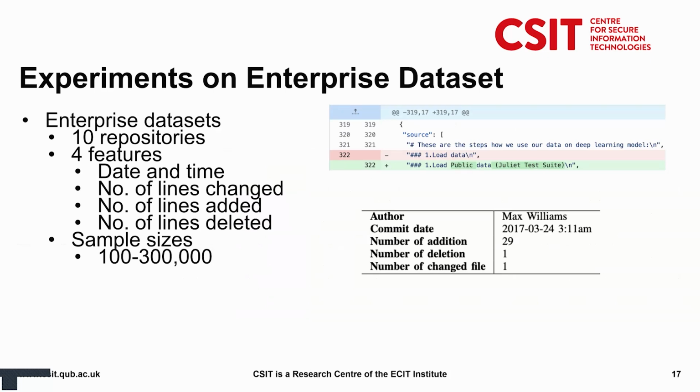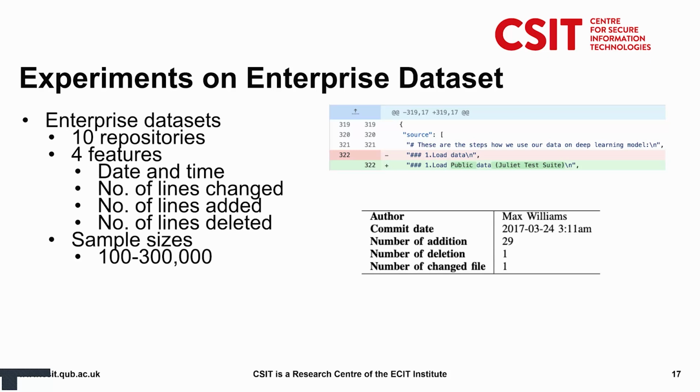And also, our project is sponsored by a large American company, which means we are allowed to evaluate our model on real-world data. The real-world data set we picked is about GitHub repositories, and we picked 10 GitHub repositories to evaluate our model.